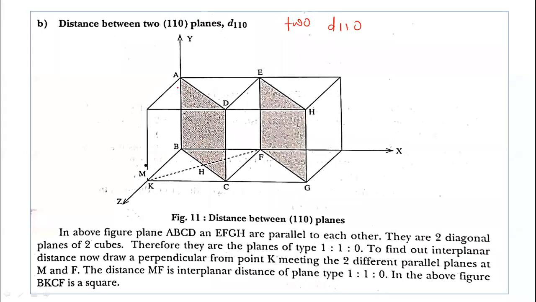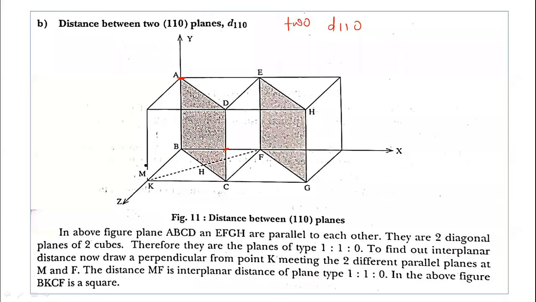So you can see here the plane ABCD, which intersects along the y-axis as well as along the x-axis, but it is parallel to the z-axis. It only intersects along the x and y axes but is parallel to the z-axis.